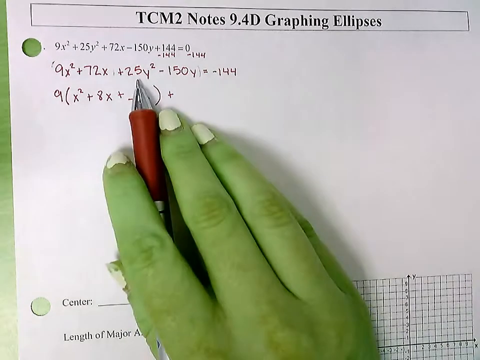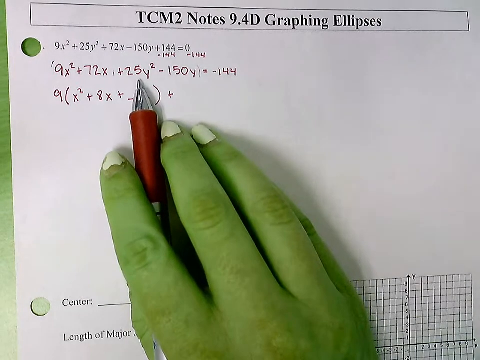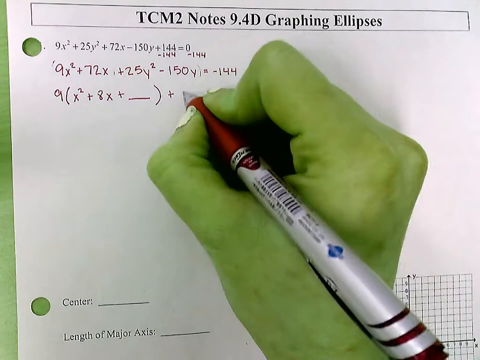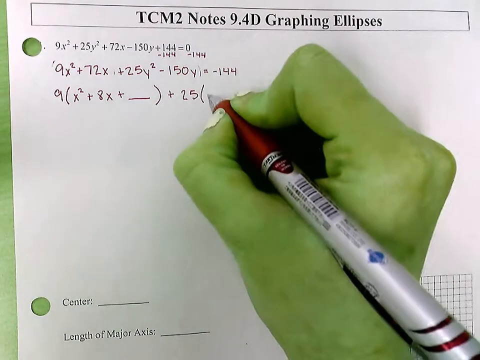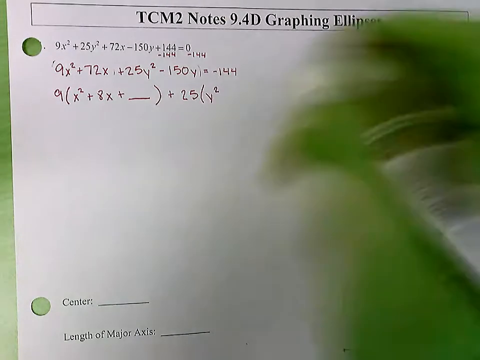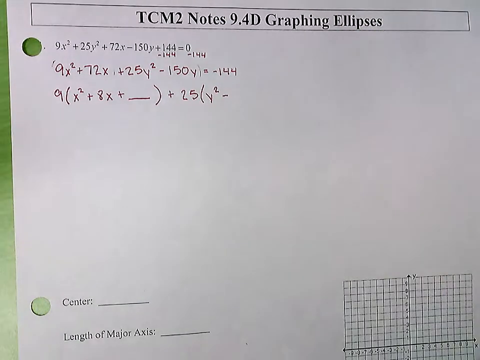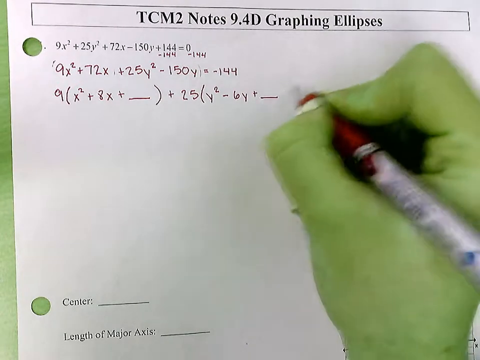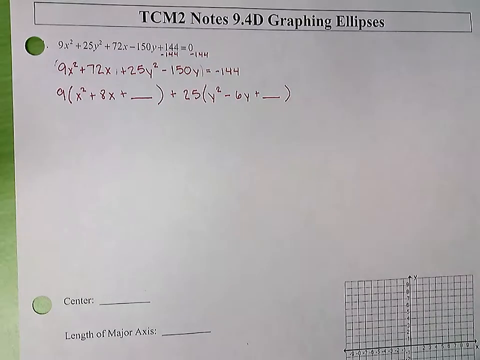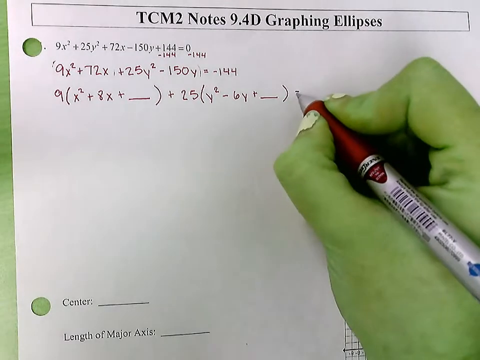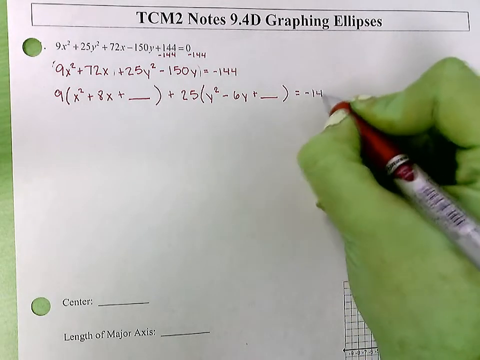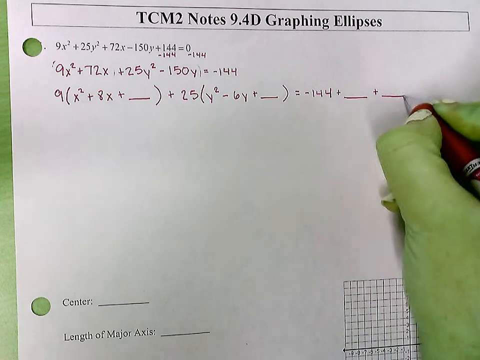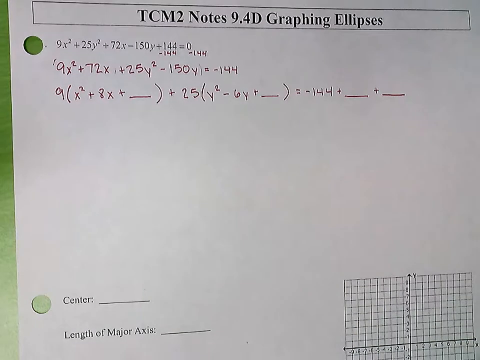Same thing with my y's. Whatever number's in front of y squared, you need to factor it out from those values with y's. So I have 25 of y squared minus 6y, and I need to add something to complete the square there. Now this is equal to that negative 144, and since I added 2 things to the left side, I need to add 2 things to the right side.